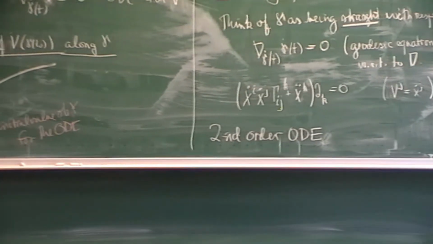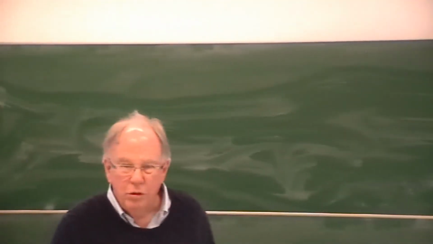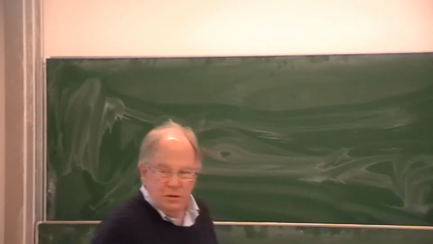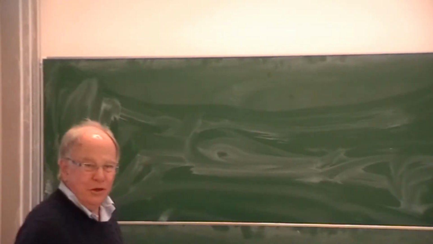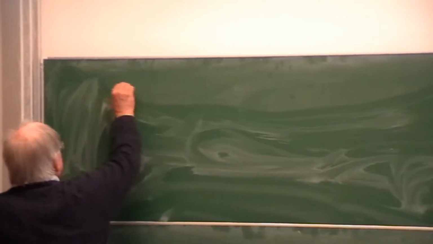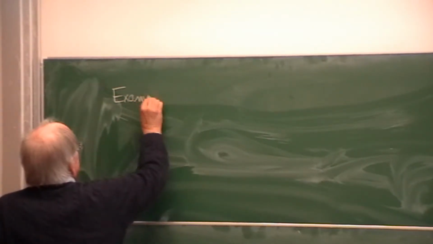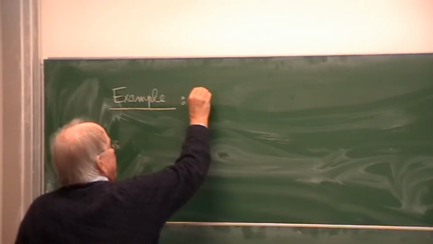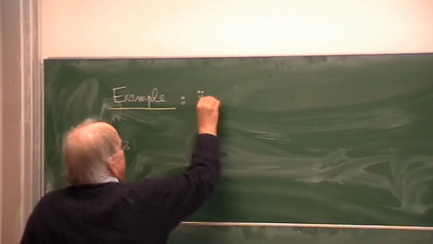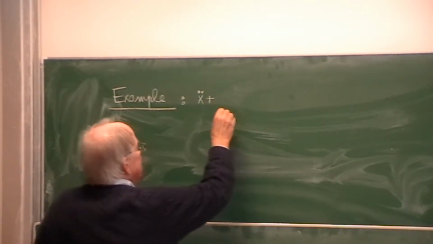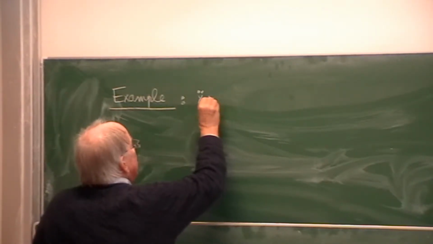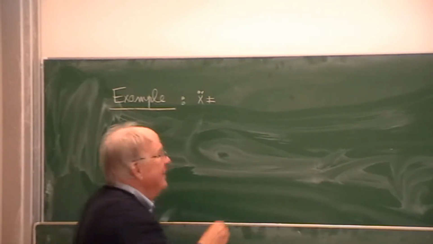Now everybody here in high school learned how to handle second order ODEs. For example, I will remind you of how to handle a famous second order ODE, in one variable: x double dot plus, let's make it plus or minus, and think about it.